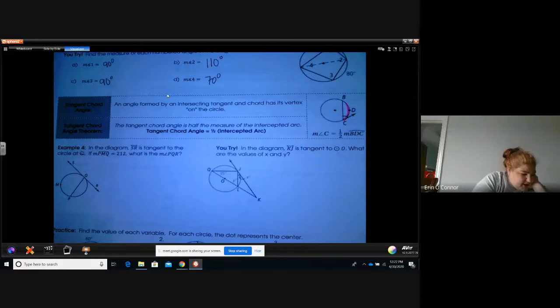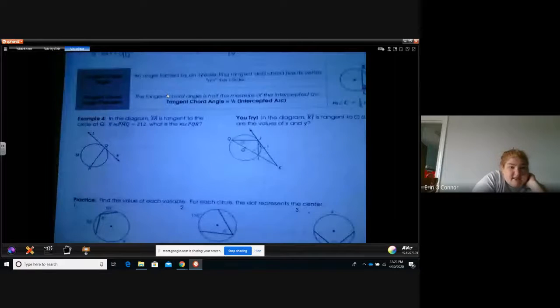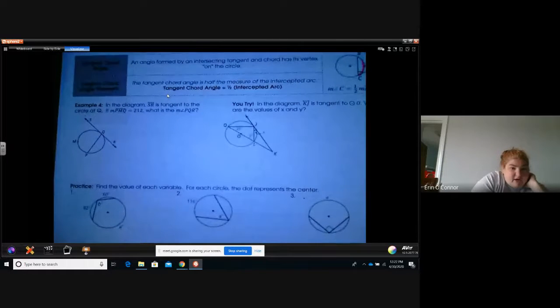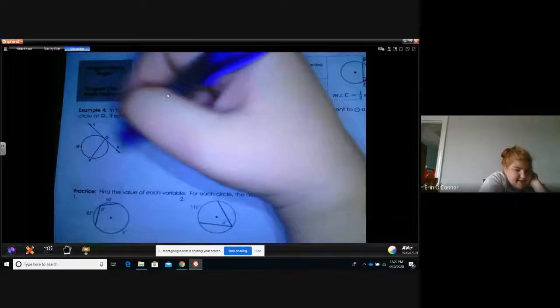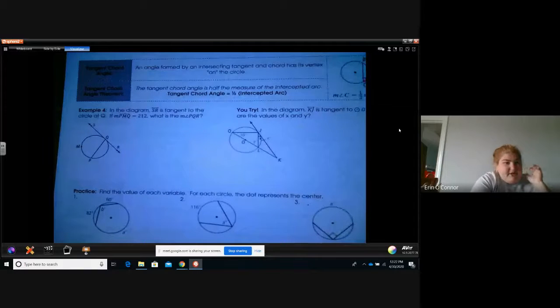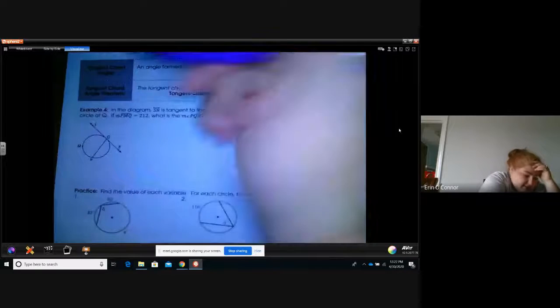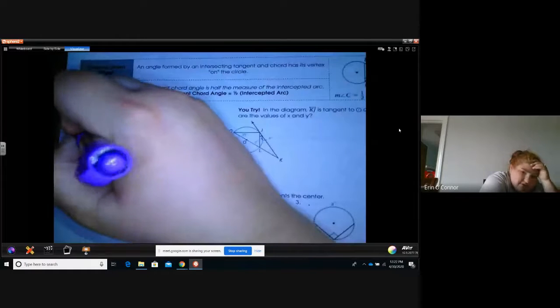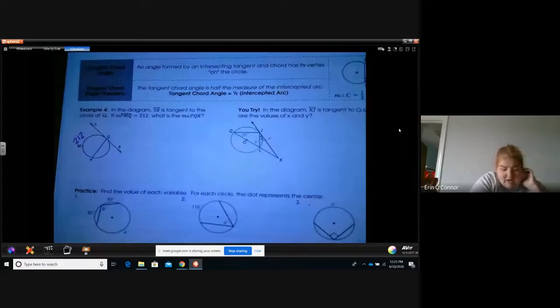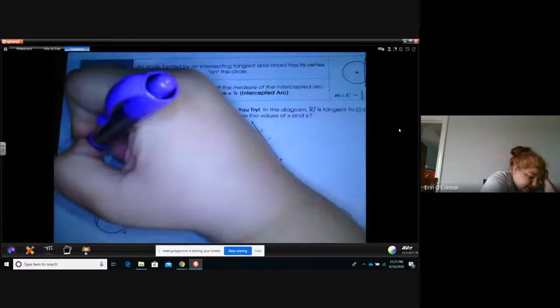All right, so let's try this. In the diagram, SR, so this is tangent. We know it's tangent to the circle at Q. If PMQ is equal to 212 degrees, so that's the arc there is 212 degrees.